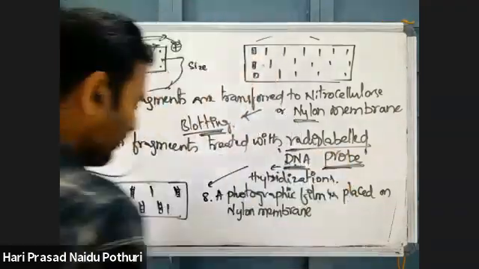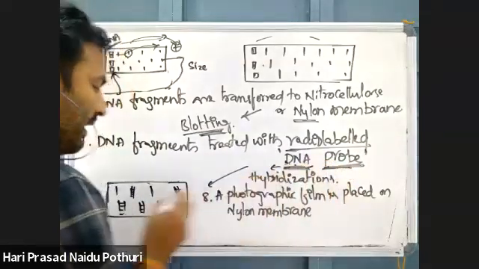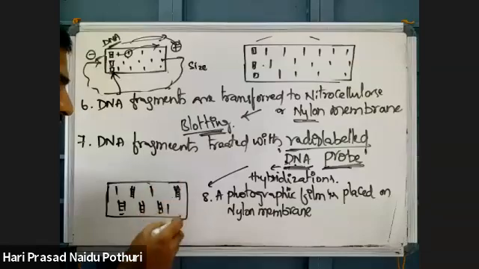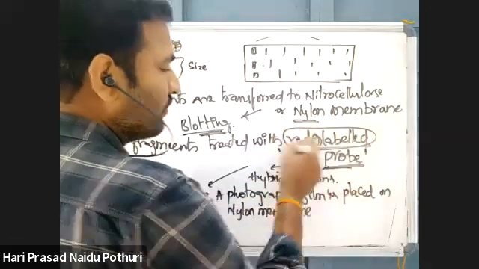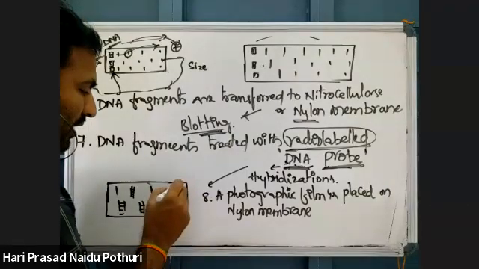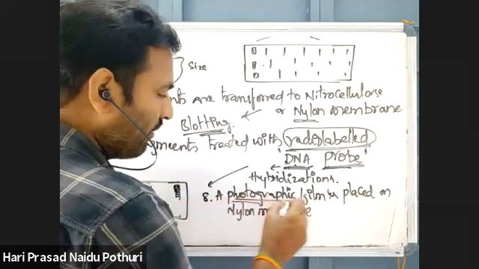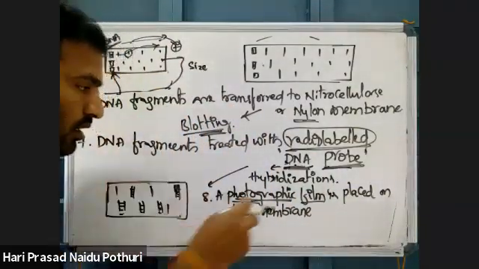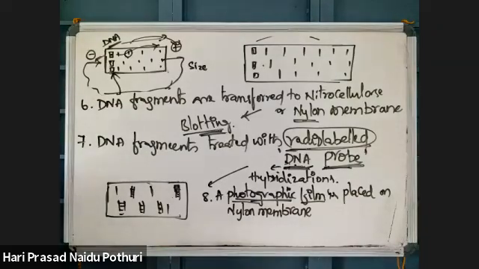The probes we added, which are bound with this DNA fragment, are radioactive in nature. As they are radioactive, they will emit radiation. That emitting of radiation we can watch across the photographic film, so by using photographic film we can identify the radioactivity.